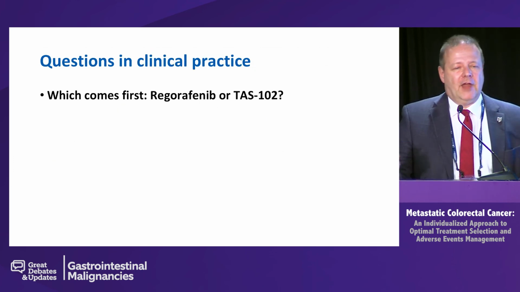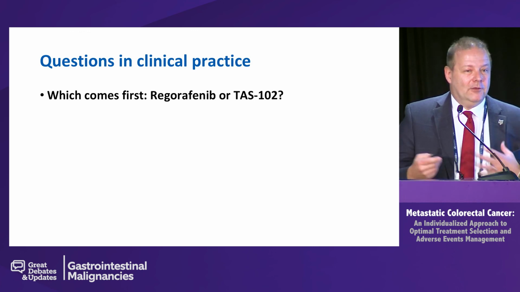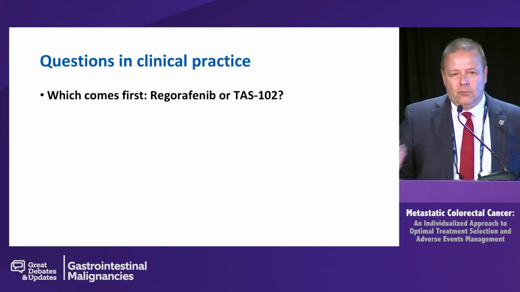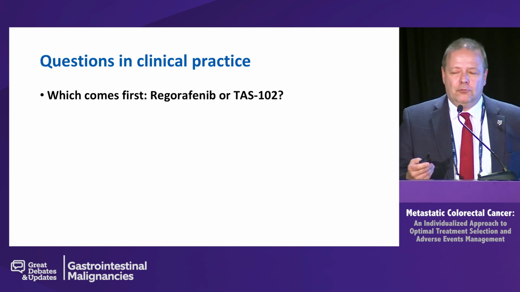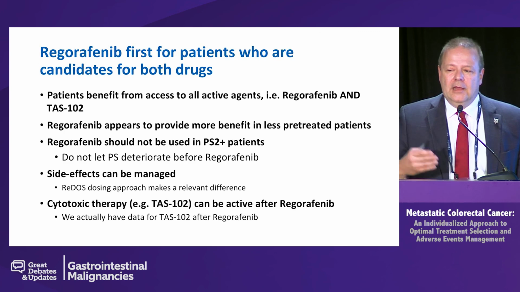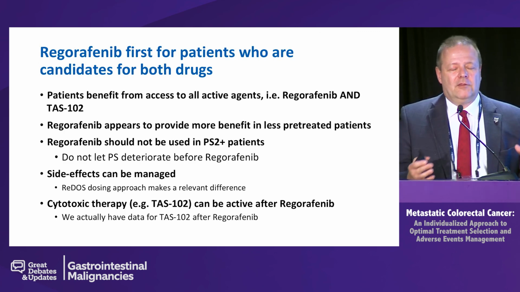Which comes first, regorafenib or TAS-102? There might be a little bit of a bias. You might know that Eric and I were the PIs of the regorafenib study, the CORRECT study, which led to the approval of regorafenib. I use regorafenib first in most patients who are candidates for the drug because it's a more complicated drug to give.